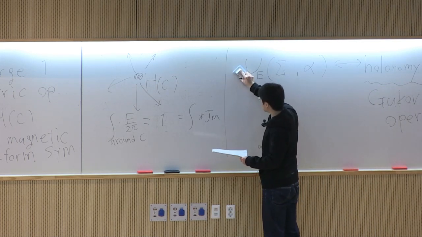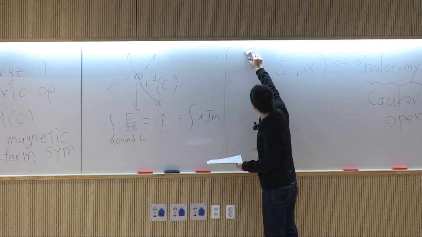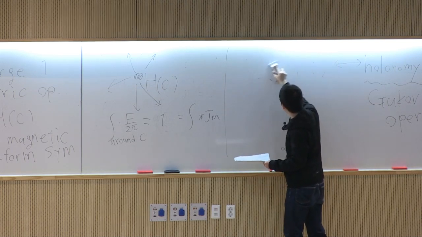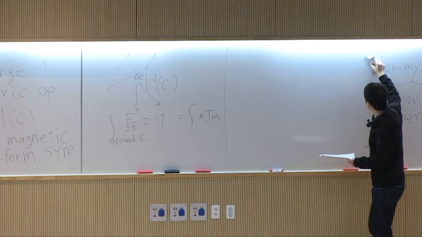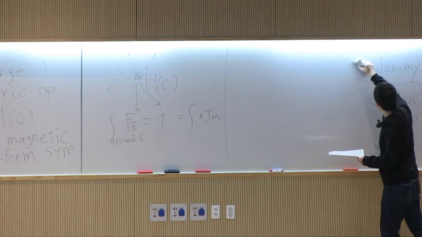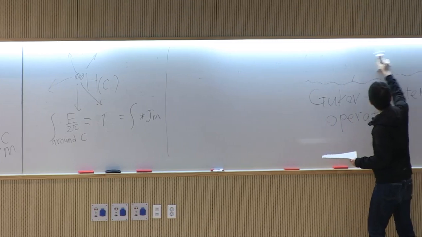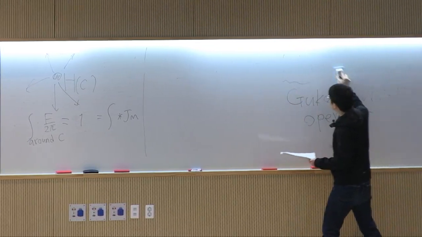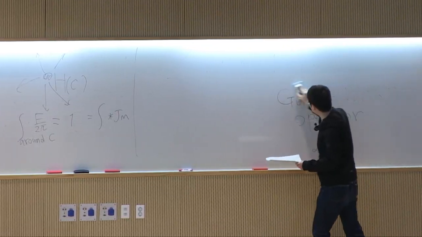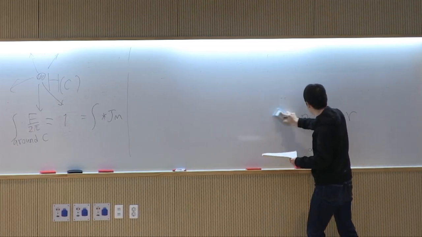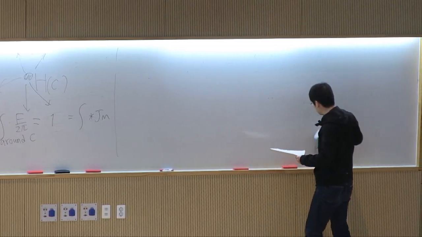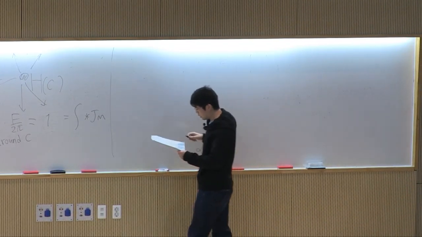Here I discussed it for the case of 4 space-time dimensions. But this is more famous in the case of 3 space-time dimensions. Because this is very extensively used in the literature, let me just make a comment about 3 dimensions.